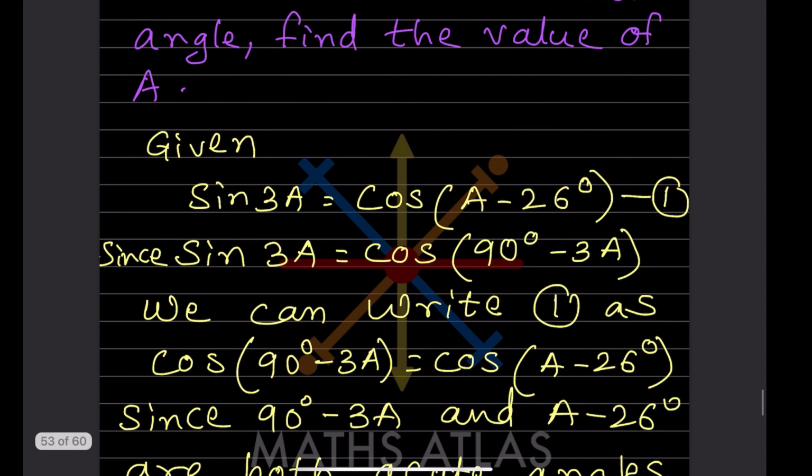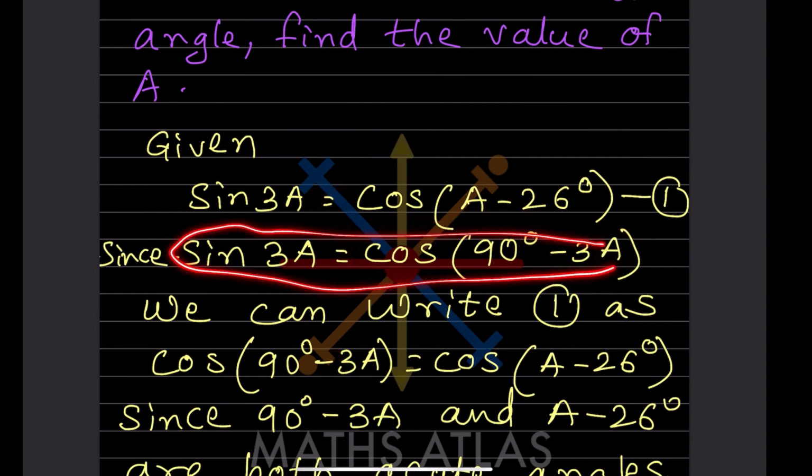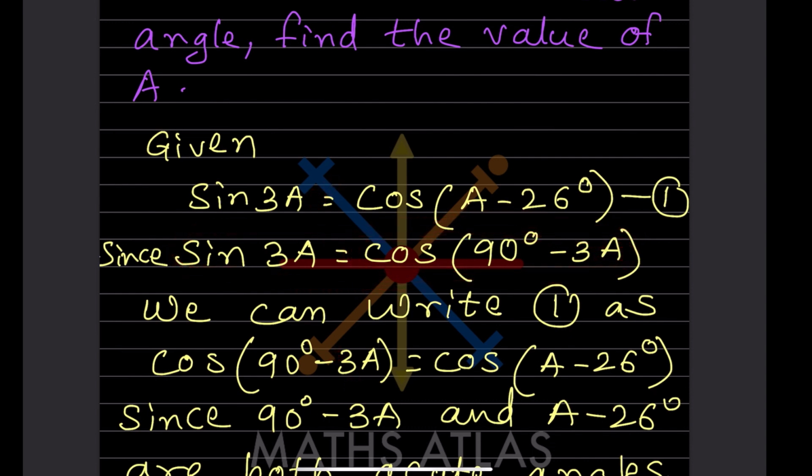How can we write here? In place of sin 3A, you are going to write cos(90 minus 3A), because sin 3A we got it, this one, cos(90 minus 3A), which is same as this one. So we are going to write here cos(A minus 26) as it is.